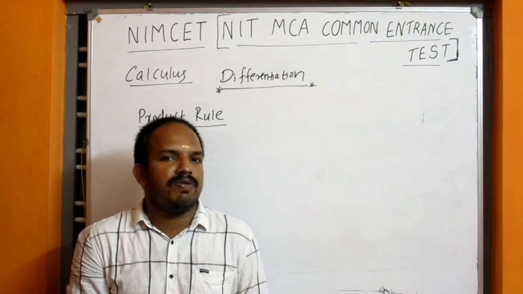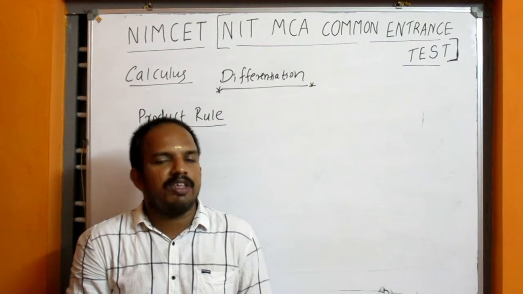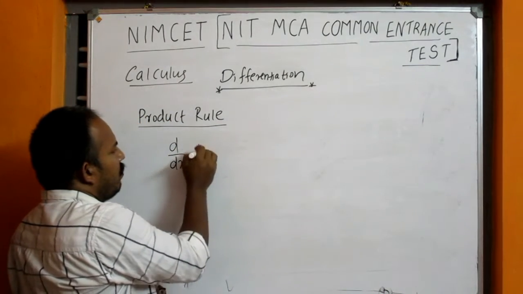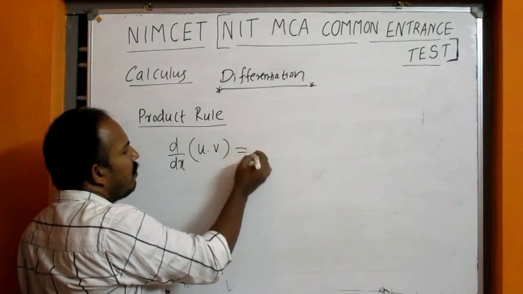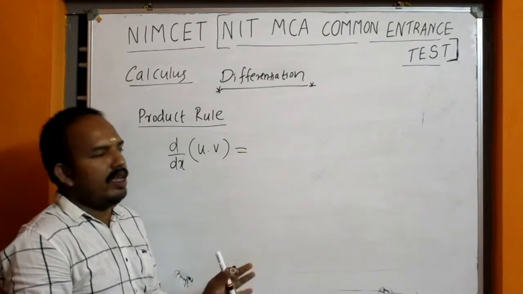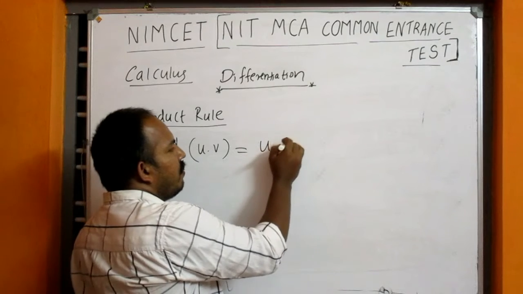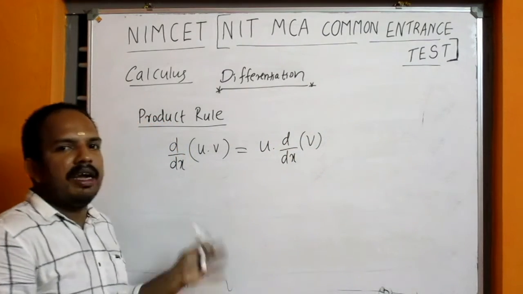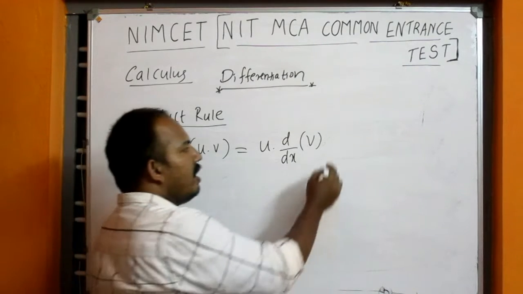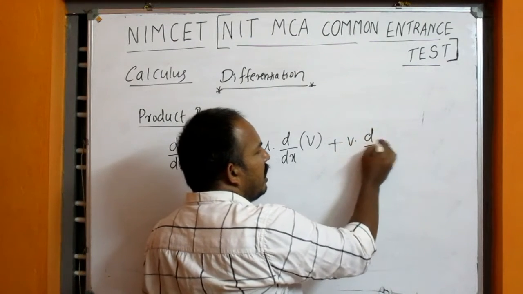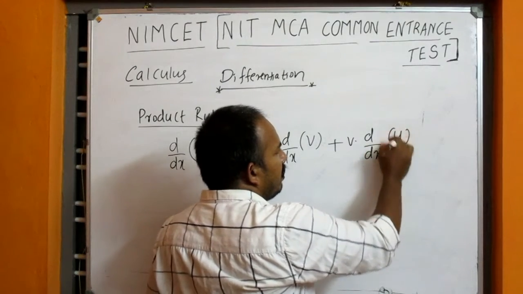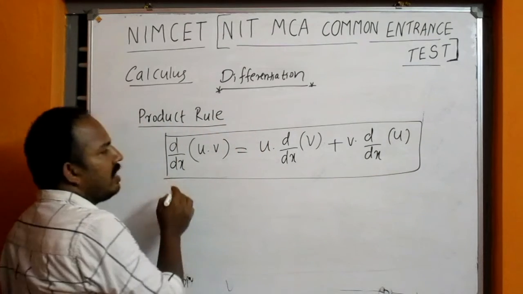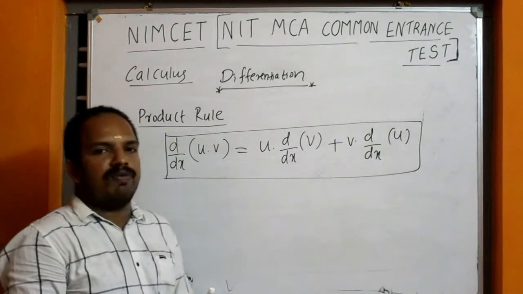Then the formula of differentiation changes. That rule is called the product rule. That is d by dx of u into v, the product of two functions, equal to u into d by dx of v plus v into d by dx of u. That means first function into derivative of second function plus second function into derivative of first function. This is called the product rule for differentiation.